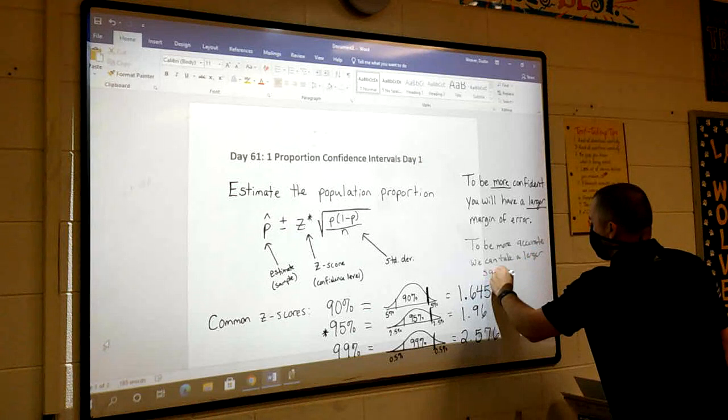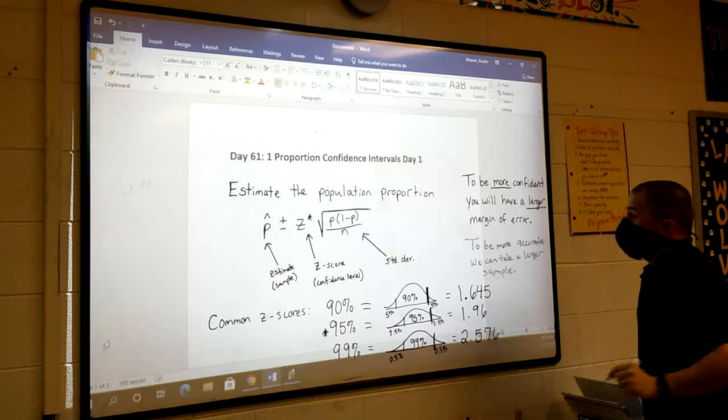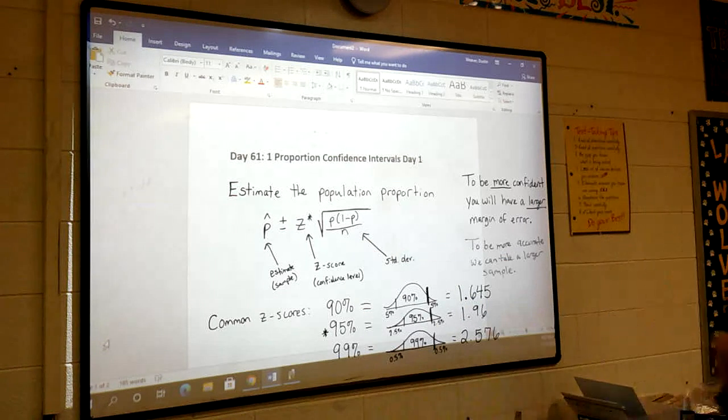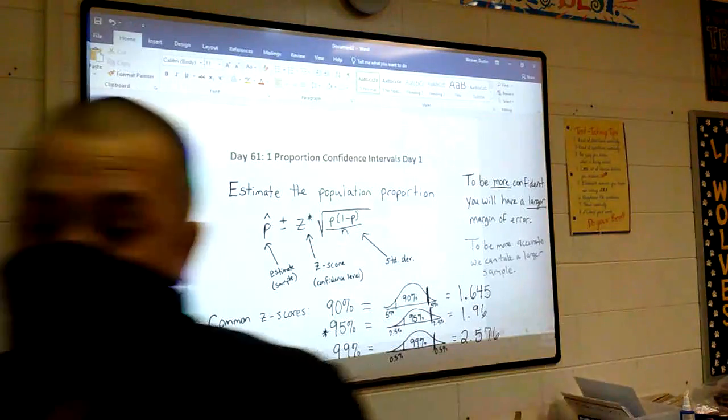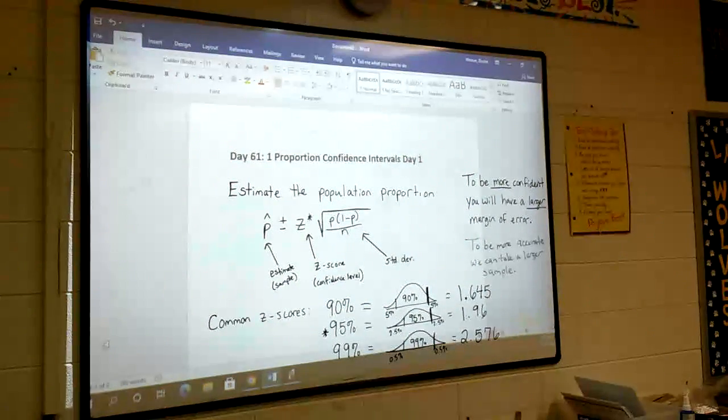So the bigger this n is right here at the bottom, which is our sample size, the more accurate we're going to get in our sample. So that can kind of get rid of that large margin of error. So if I want to be extremely confident, my margin of error is going to go up, so I need to increase my sample size to try to bring it back down and become more accurate. Remember, margin of error is just how far off it is each way. Okay, so these are the important things for a proportion.